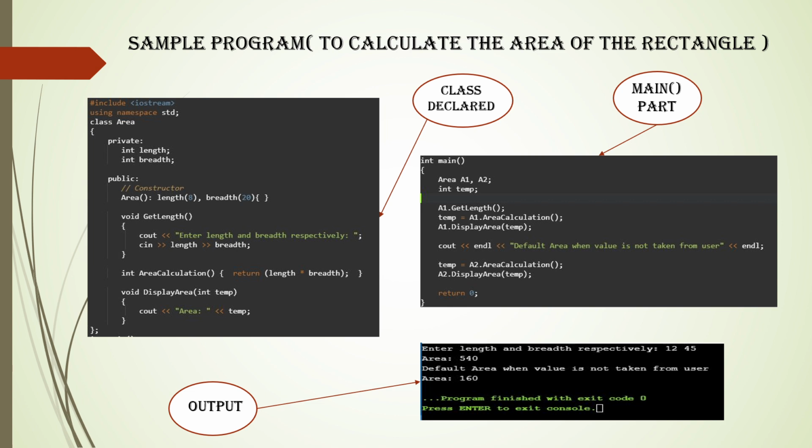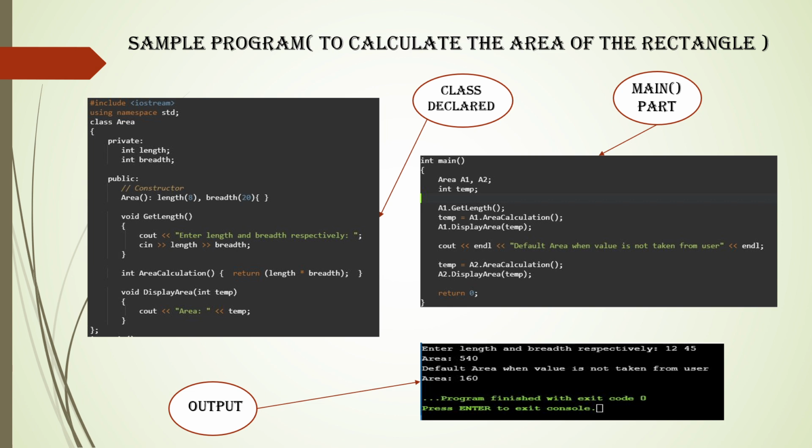Two objects A1 and A2 are created, and when they are created, the length and breadth are automatically initialized to 8 and 20 respectively because of the constructor. Then the member function getLength is invoked, which takes the value of length and breadth from the user for the object A1. This changes the length and breadth of the object A1.